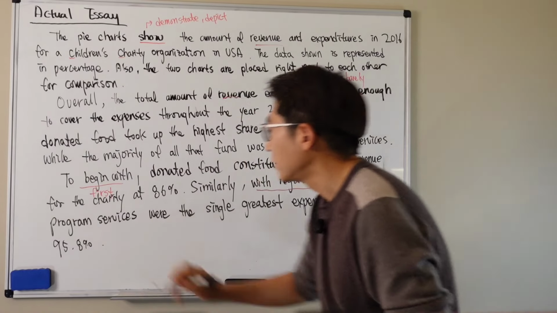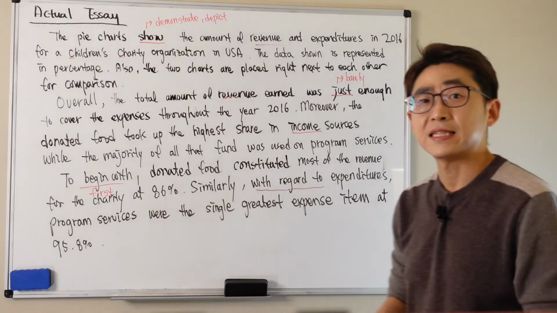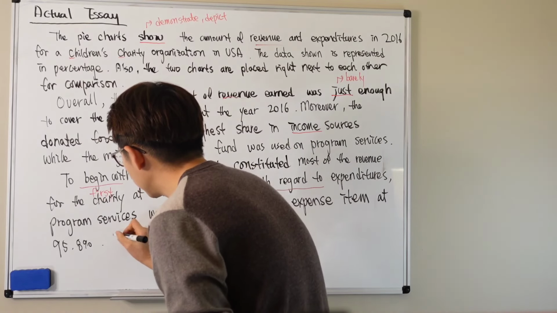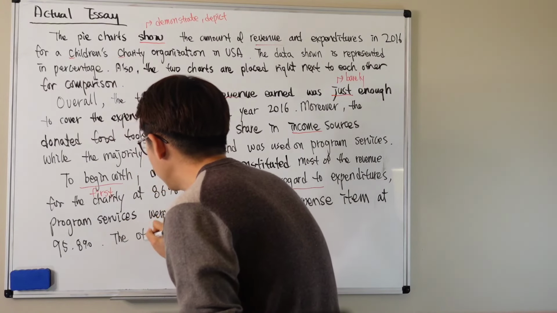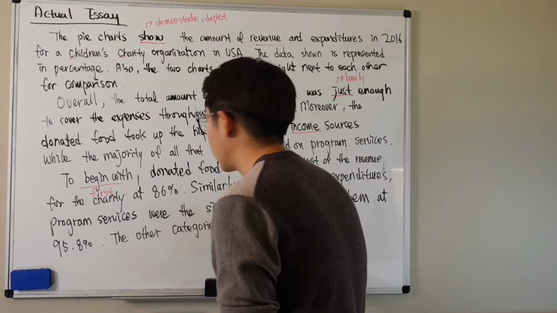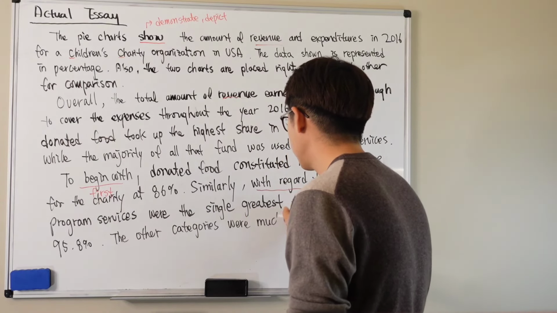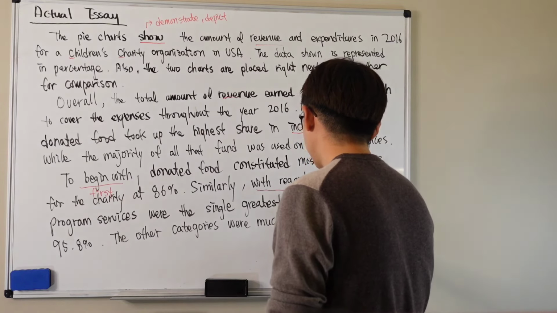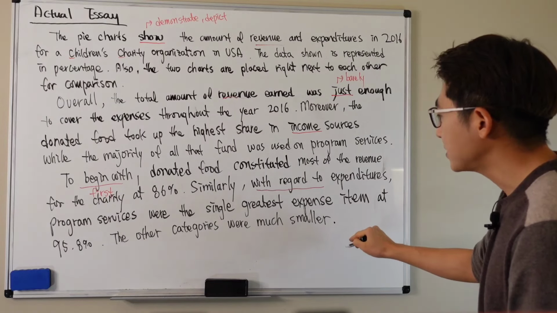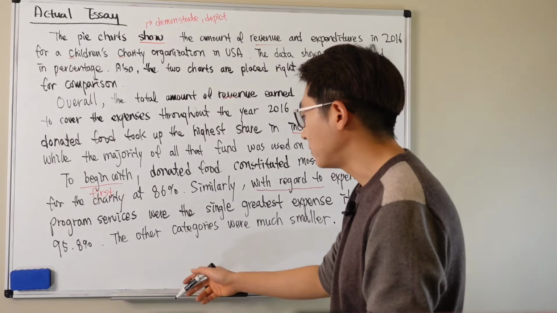So program services were the single greatest expense item at 95%, okay? And we also need to say the other categories were much smaller, okay? And then we are going to list all the revenue and expense items just one by one, okay?